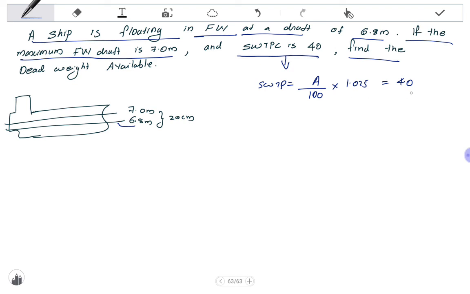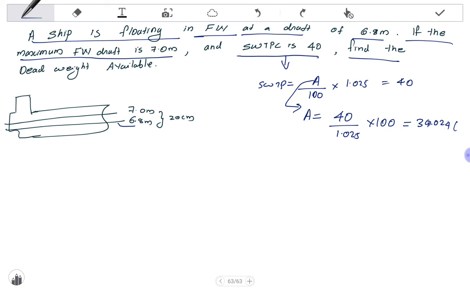In this question, the thing we don't know is the water plane area. So water plane area is equal to 40 divided by 1.025 into 100. The water plane area we get is 39.024, sorry, meter square.